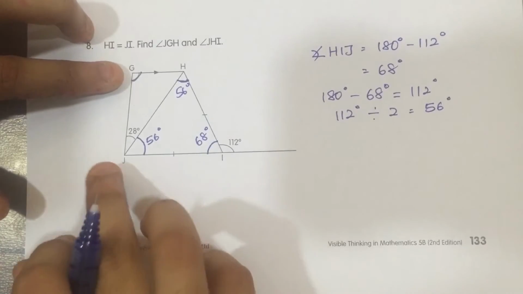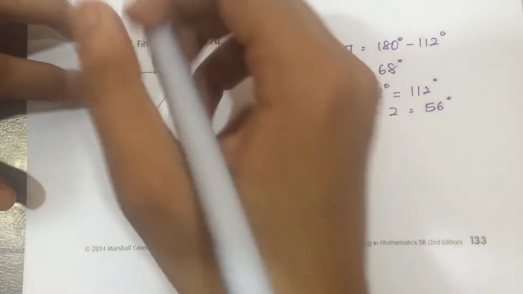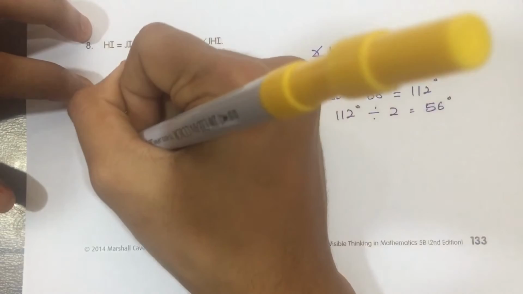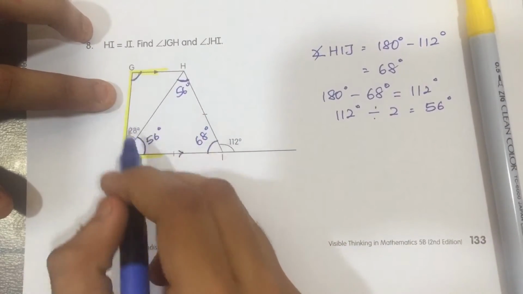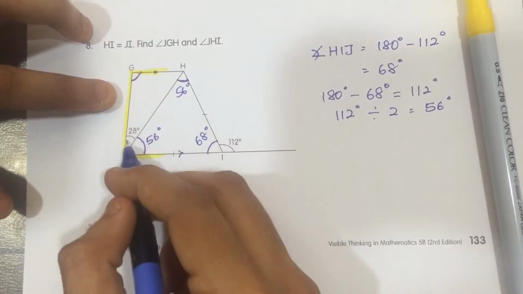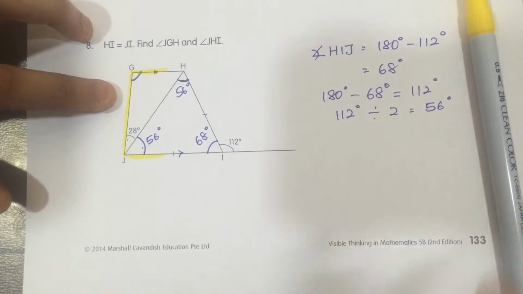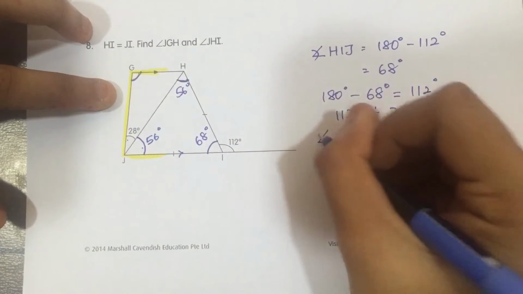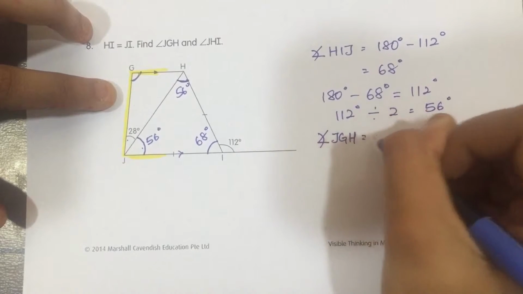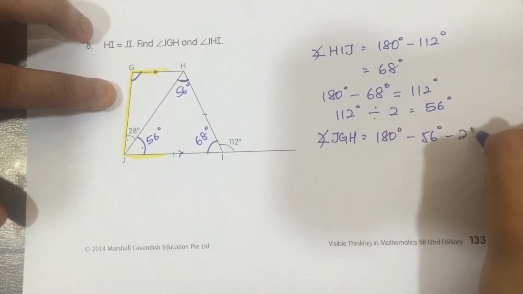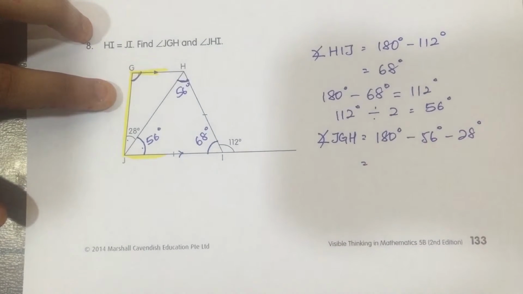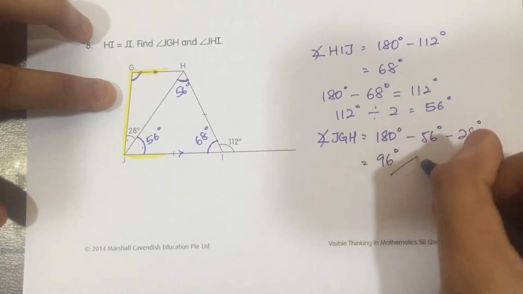So now if I want to find JGH, I know that these are two parallel sides. So these three angles, 1, 2, 3, will add up to 180 degrees. That will give me 96 degrees.